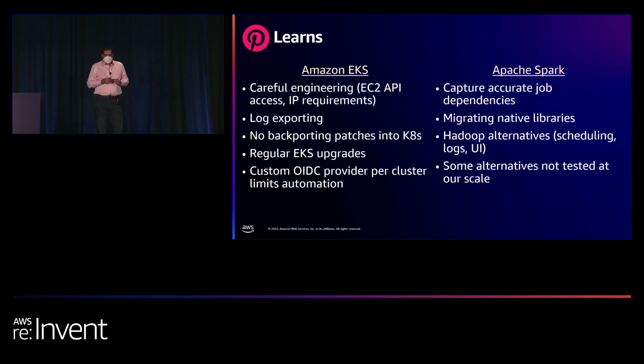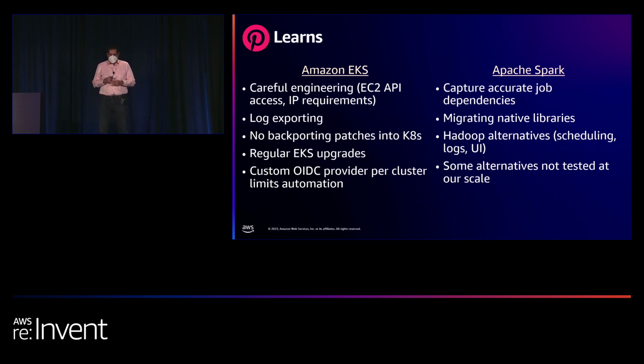A big one is because we're shifting away from Hadoop, and Hadoop, in addition to running MapReduce and Spark, provides a bunch of other things that we take for granted, right? So it provides the YARN scheduler, it provides log aggregation, it exports metrics, it has its own file system, it has a UI. And so in moving to this, we had to find alternatives or write some custom stuff from scratch. So that's another consideration going forward.